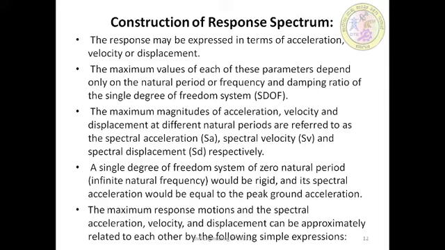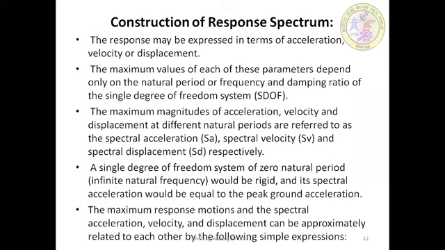The response spectrum may be expressed, as I told you, in terms of acceleration versus time, or velocity versus time, or displacement versus time. The maximum values of each of these parameters depend only on the natural period, meaning the natural period or frequency of a single degree of freedom system, and also its damping ratio.